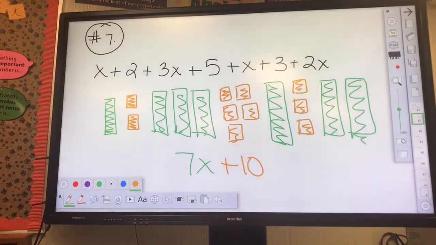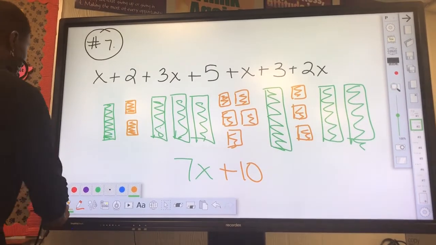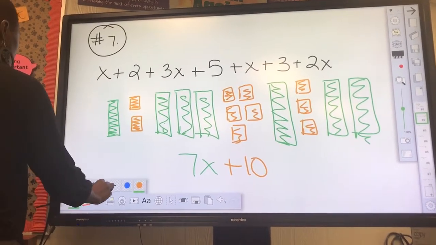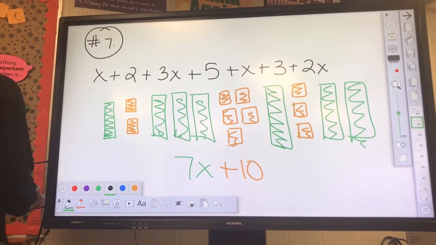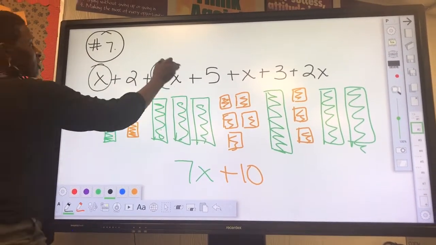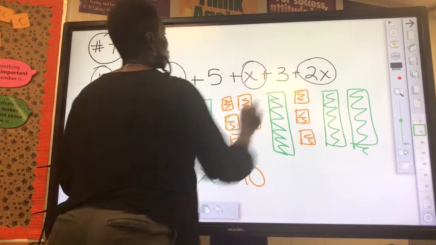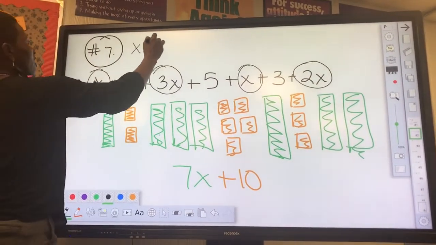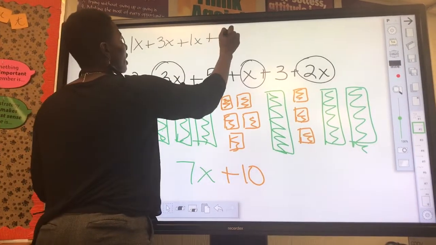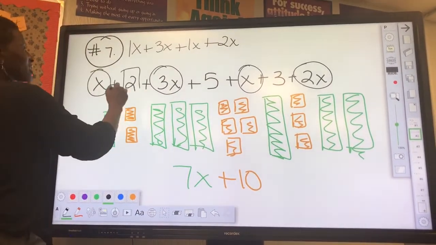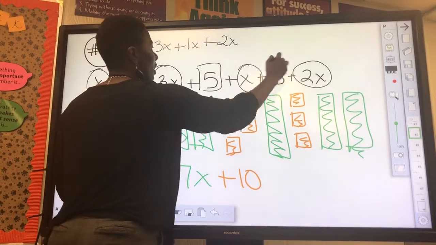Does that make sense? But I knew it was going to be 7x plus 10 because we got 1x, 3x's, 1x, 2x's. So x plus 3x plus 1x plus 2x. And then here I got a positive 2, a positive 5, and a positive 3.